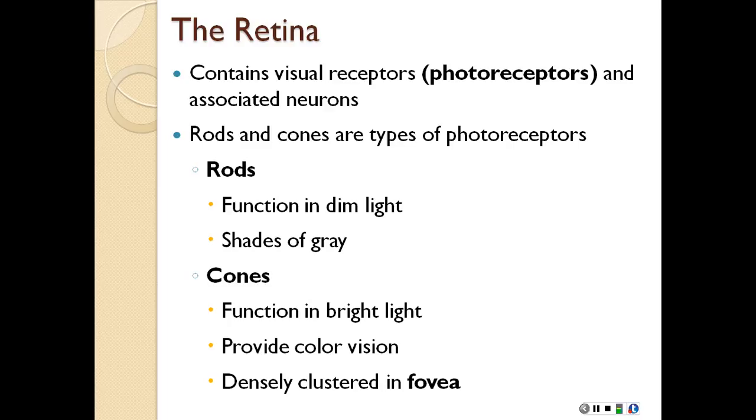Cones are densely clustered in the fovea. What is the fovea? It's that little part in the center of the retina. What's important about it? It provides high visual acuity, sharp vision.